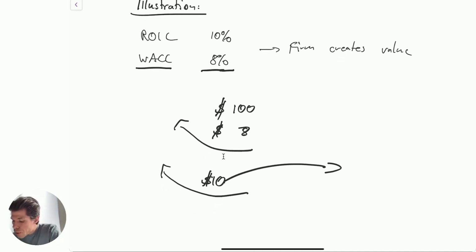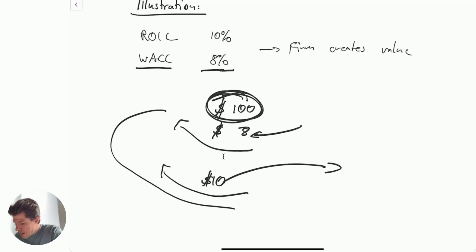You can see this is a good deal because you get 100 from your capital providers and you need to pay $8 to get 100. You use 100 to create 10. So the firm creates value.